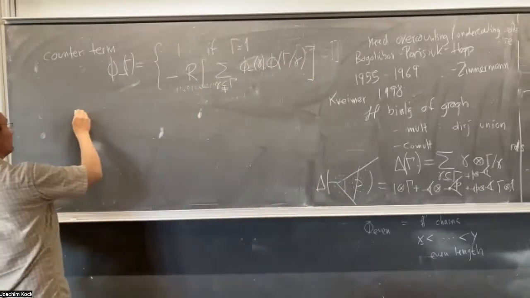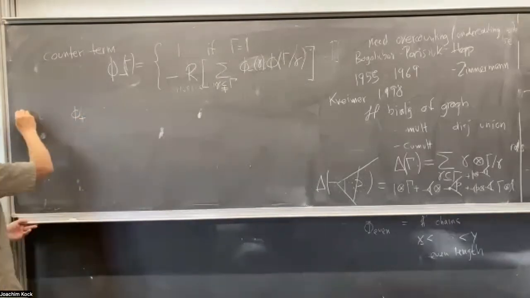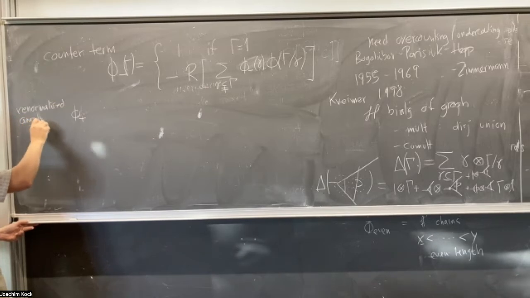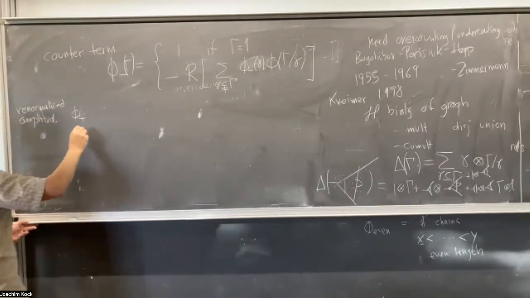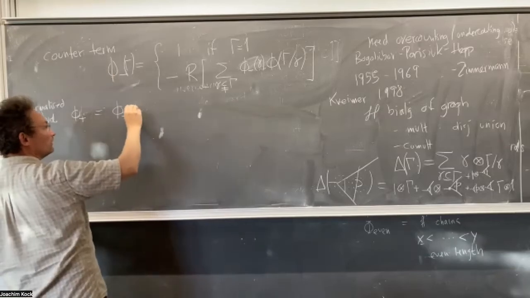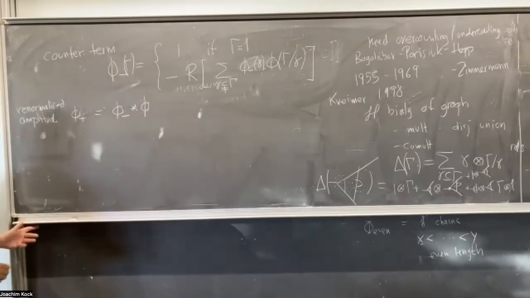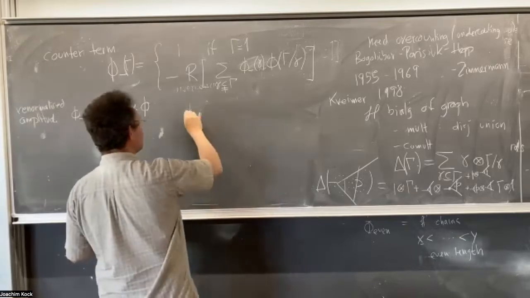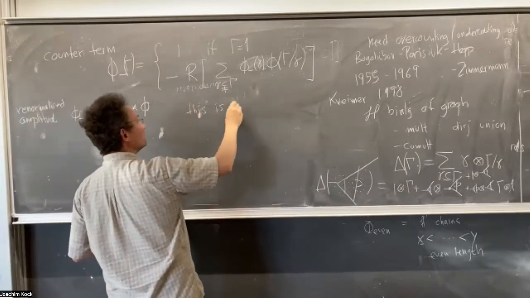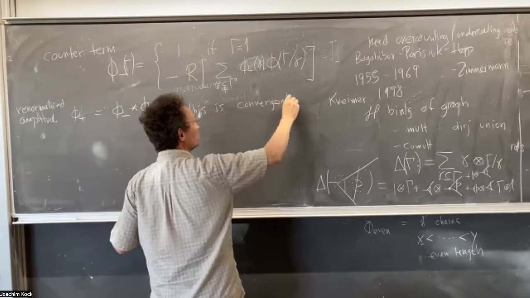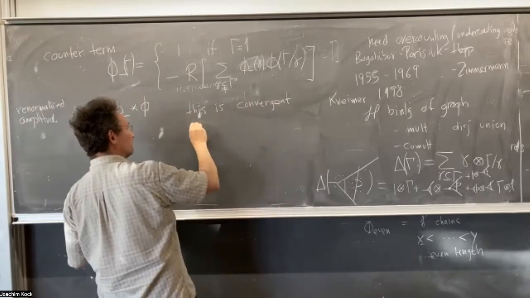So that's the counter term. And then finally the renormalized amplitude for this graph is you convolve the counter term with the original Feynman rule. And this is convergent, so it's a number and it is a character.